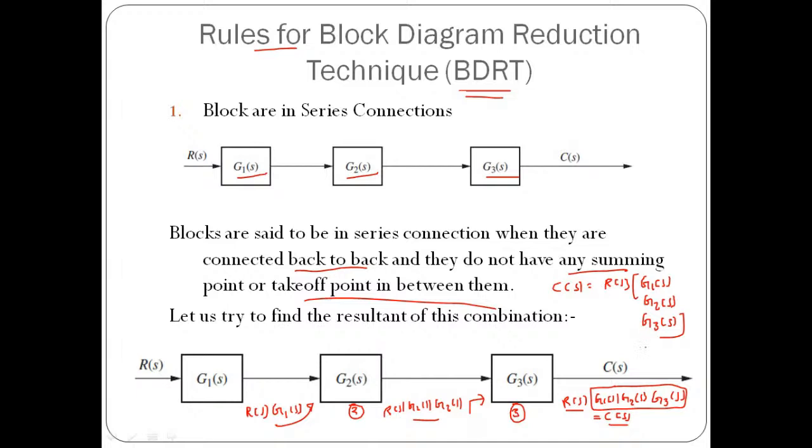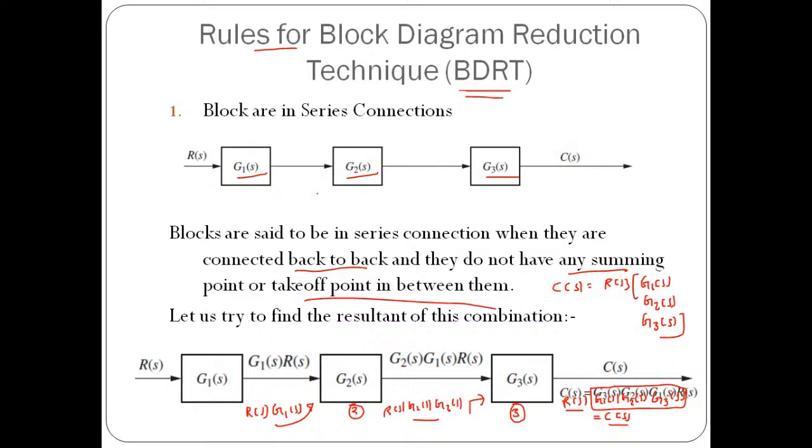This is very important. So what is the conclusion? Finally we conclude that output is nothing but input times the gain. That means when the blocks are connected in series configuration, the equivalent gain is the multiplication of the individual block gains.